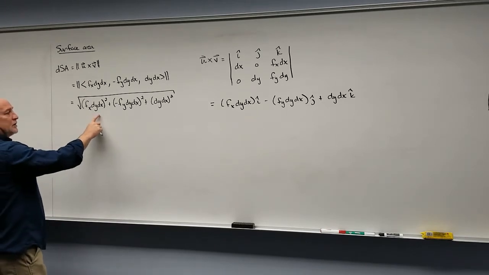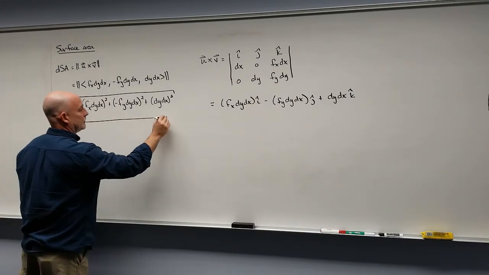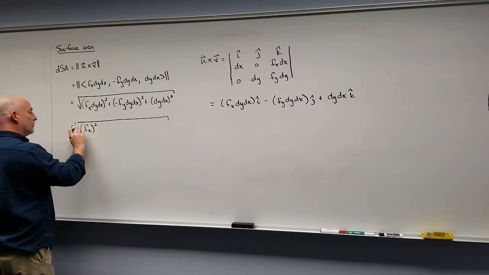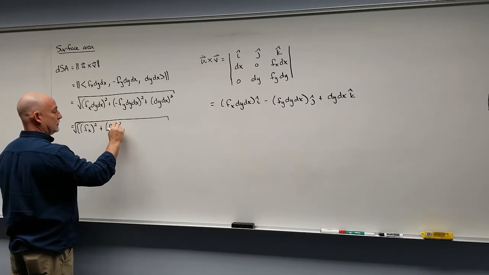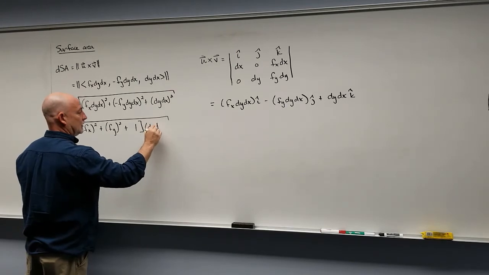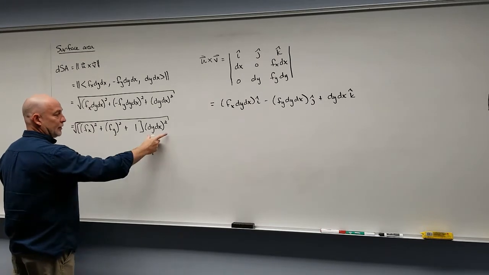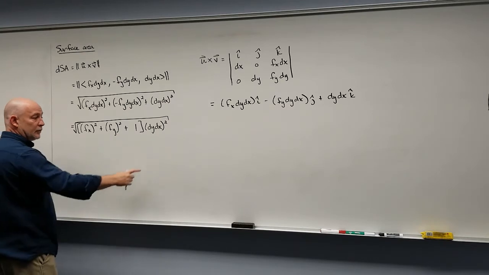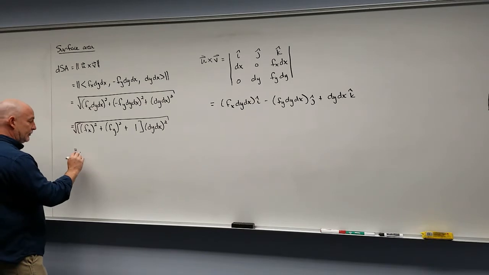Now, if we notice, every single one of these has a dy dx. We can factor that out. So this is going to be f sub x squared plus f sub y squared plus 1, times dy dx squared. Now, since it's joined by multiplication, I can just take the square root of each piece. I'm going to assume that a small piece of area, because that's what dy dx or dx dy represents, is a positive quantity, so I don't need absolute values on here.